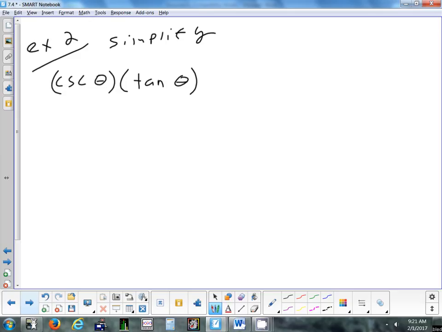All right, let's try the same approach on this one. Can somebody else tell me how you can rewrite cosecant? Yep, 1 over sine. That's cosecant. And Denver, how about tangent?